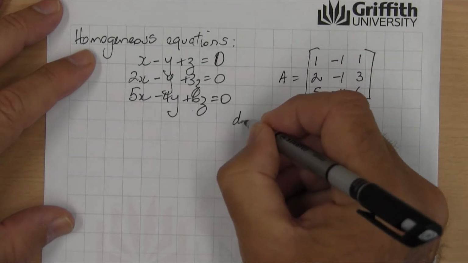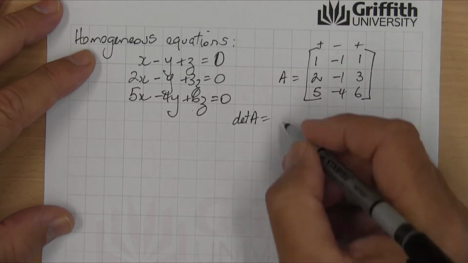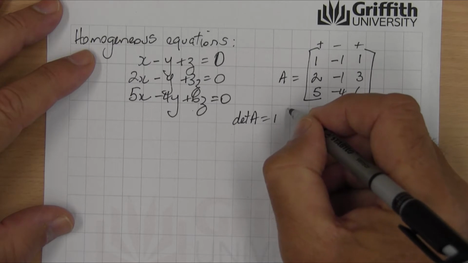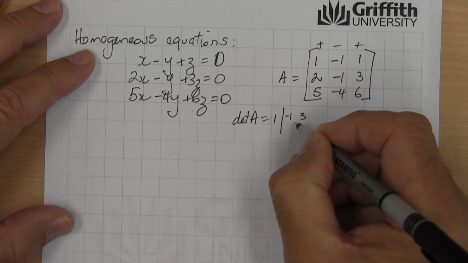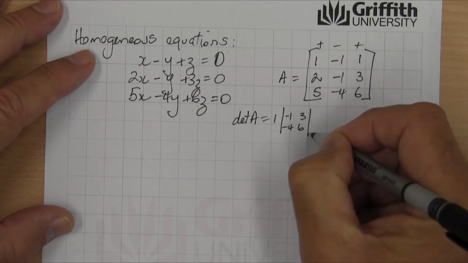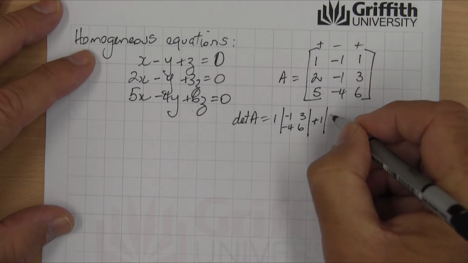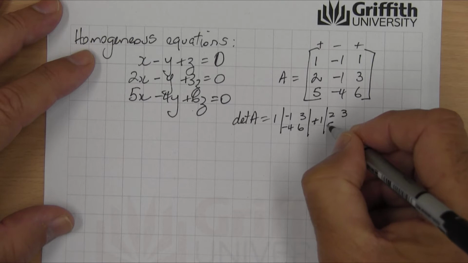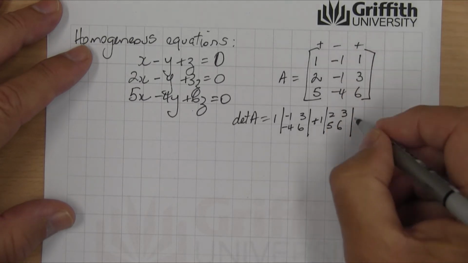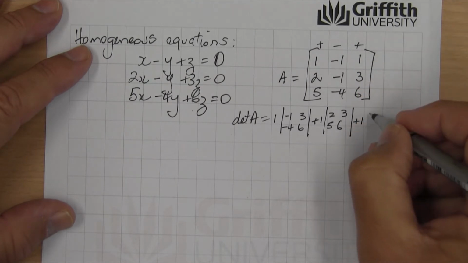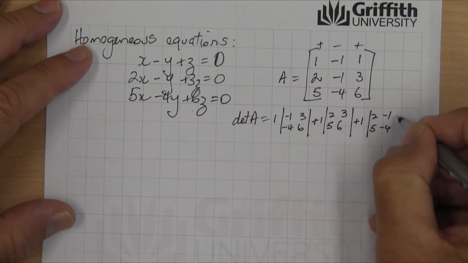So the determinant of A, if we go plus, minus, plus, will be 1 times the determinant of negative 1, 3, negative 4, 6, minus will be plus 1 times the determinant of 2, 3, 5, 6, and then plus 1 again times the determinant of 2, negative 1, 5, negative 4.